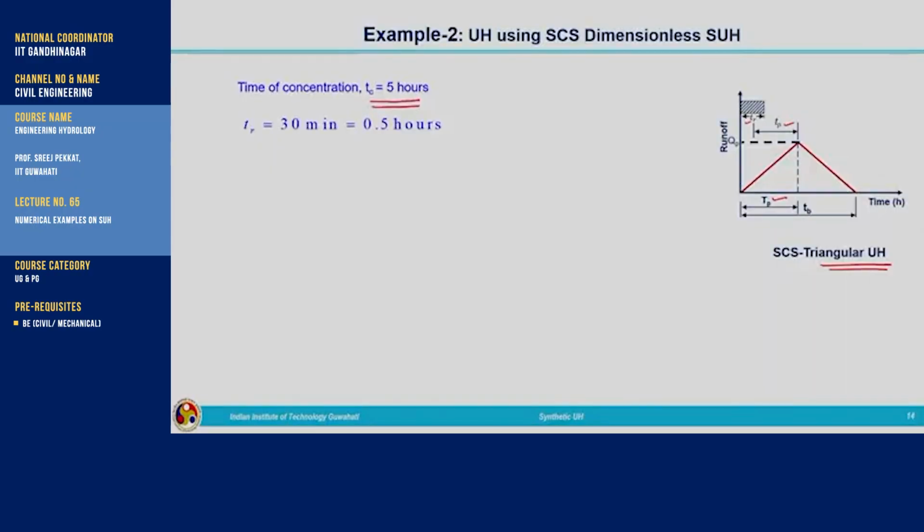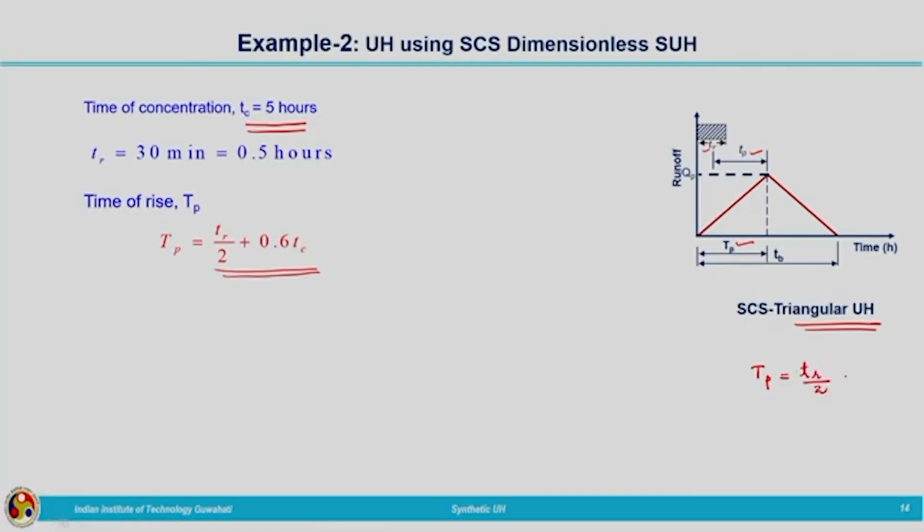How can we calculate that? Here we are having the basin lag and also duration of the effective rainfall. So, we can calculate TP, that is the time of rise, as TP is equal to TR divided by 2 plus 0.6 Tc. Actually, time to peak is given by TR divided by 2 plus tp, small tp, basin lag.